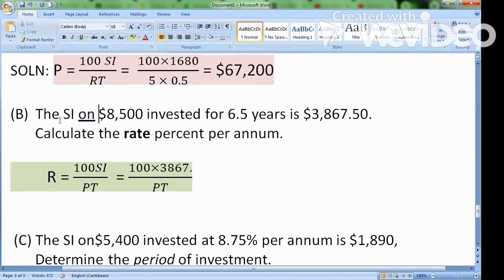It says simple interest on this amount of money is this amount. And that's another common error students will make. And the principal is always higher.